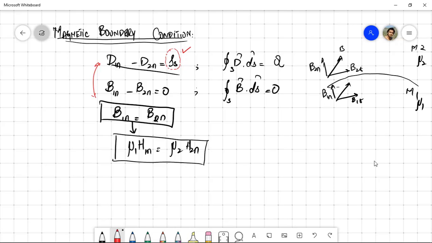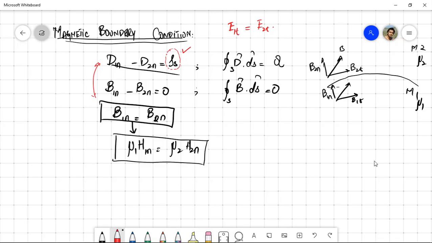So he says that a similar reversal applies to the tangential components of electric and magnetic fields E and H. How? He's saying that the tangential component of E is continuous across the boundary. We knew that the first electric boundary condition was E1t equals E2t, if you can remember.